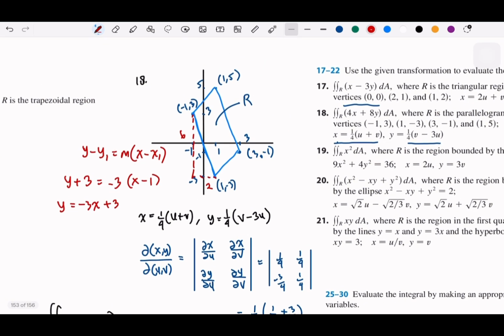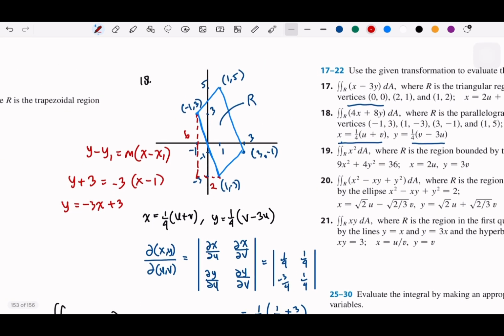Let's check the other one here. So this will be 2 and 2. So either you check this one and this one, this should be a similar slope, right? Or check this and this.